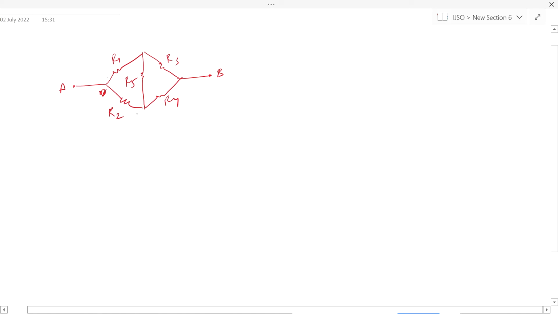So now apply the point potential method. Now see what we will assume कि there is no current through this. We'll assume and we will prove this. We'll prove that R1 by R2 will be equal to R3 by R4.